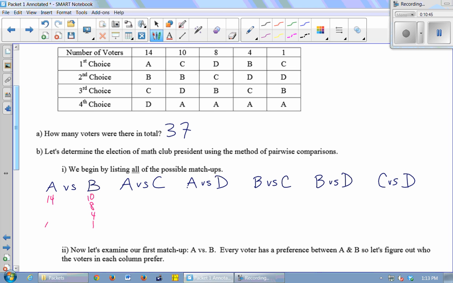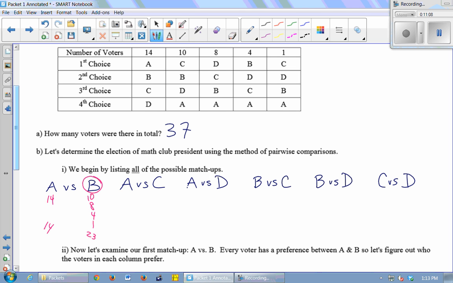A gets 14 and B gets all the rest, 18, 22, 23. So we say B wins that matchup. And when you're done tallying the votes, 14 and 23 adds to what? 37. You should always get the total number of votes when you add these. It's just a little check to make sure you did it right.